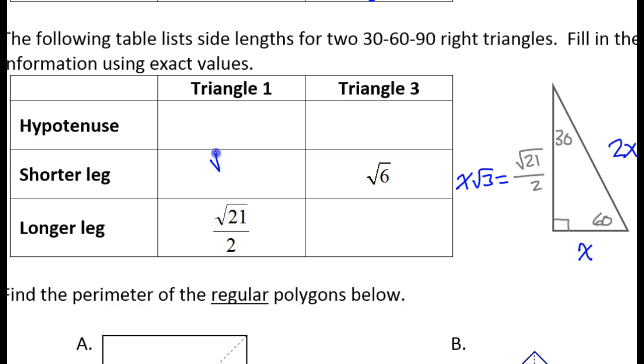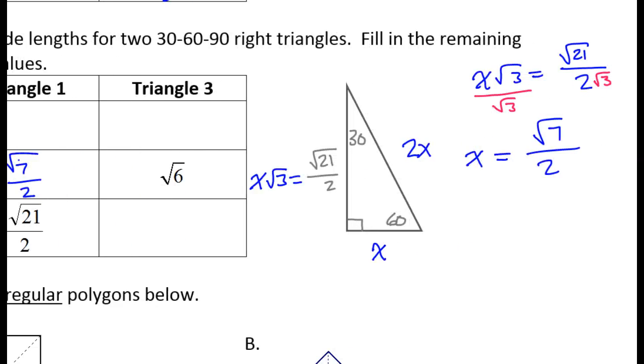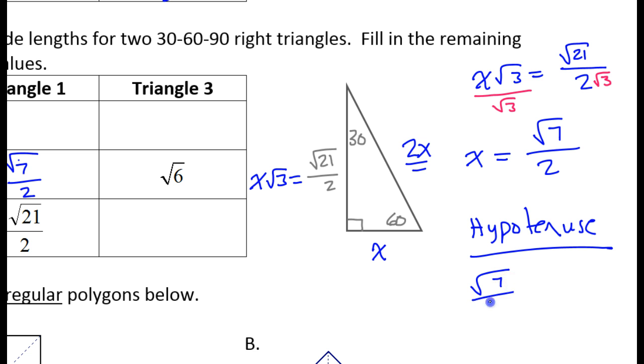Okay, so let's see, radical 7 over 2. Jumping around on the screen, making my life difficult. Now for the hypotenuse, what you do is you double the short leg. Alright, so my hypotenuse is going to equal radical 7 over 2 times 2.